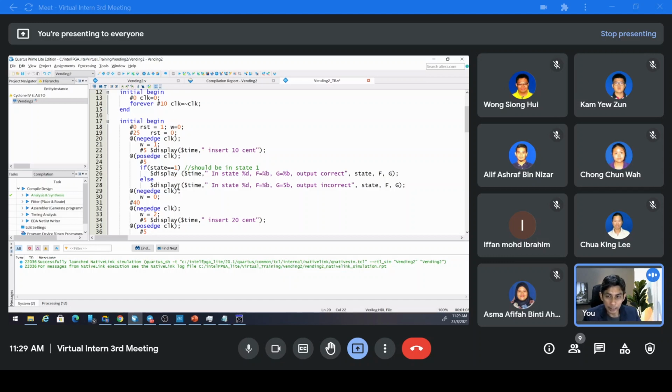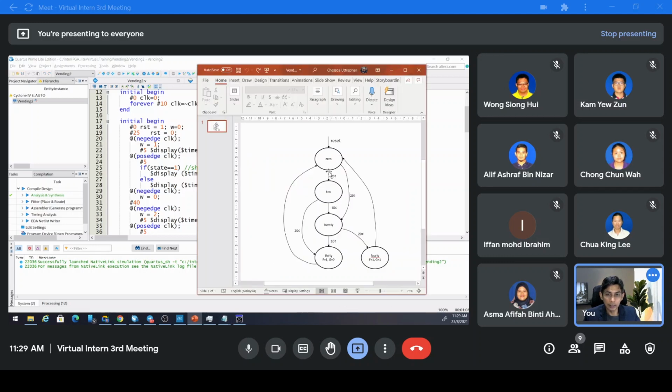I want to see, if I start here and put in 10 cents, what happens?